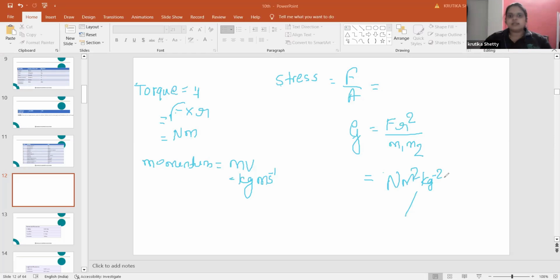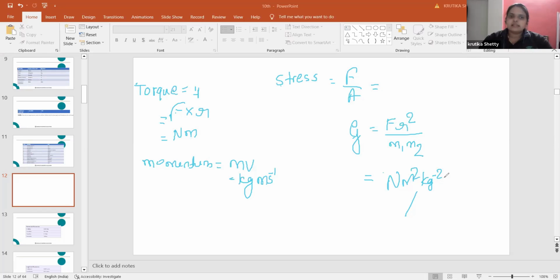So this is how, if I give you any quantity or any formula, you should be able to write the unit for the particular quantity. My aim for your physics class is not to prepare you only for your CBSE physics or science exam. Along with that, some extra or additional information also we will check out.